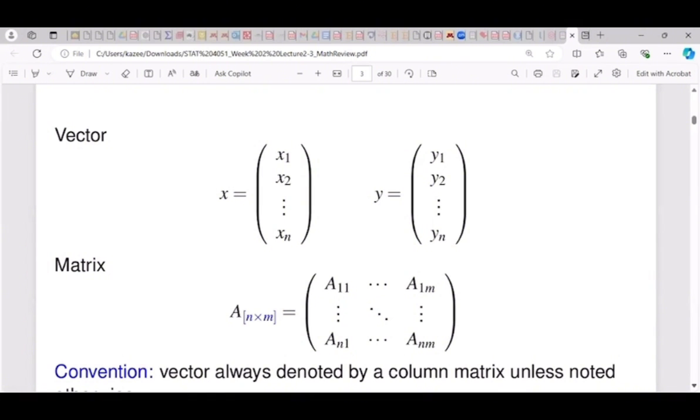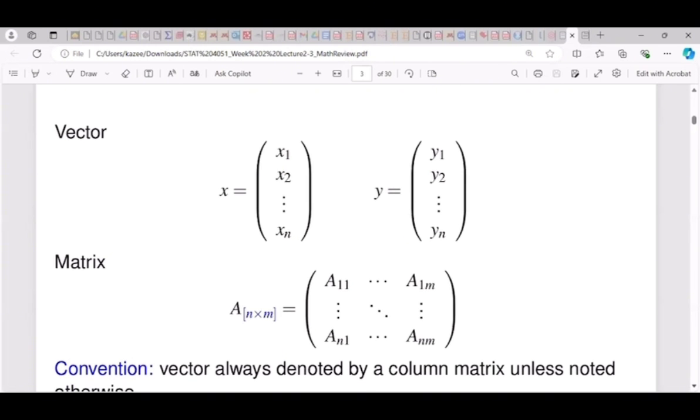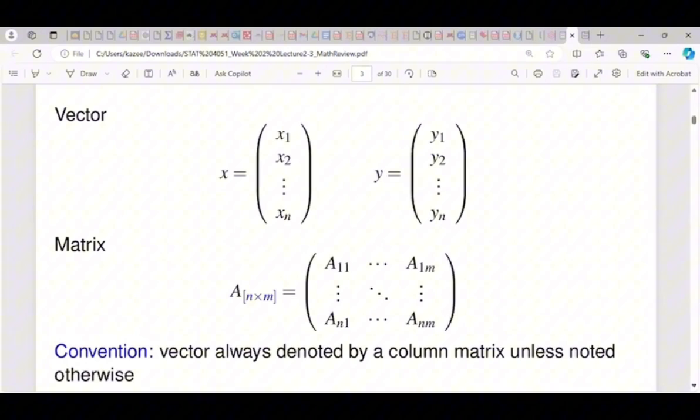But a matrix, on the other hand, we don't talk about something by 1. The number of rows and the number of columns each have to be greater than 1. If you take a look at matrix A right now, that is giving you n by n.